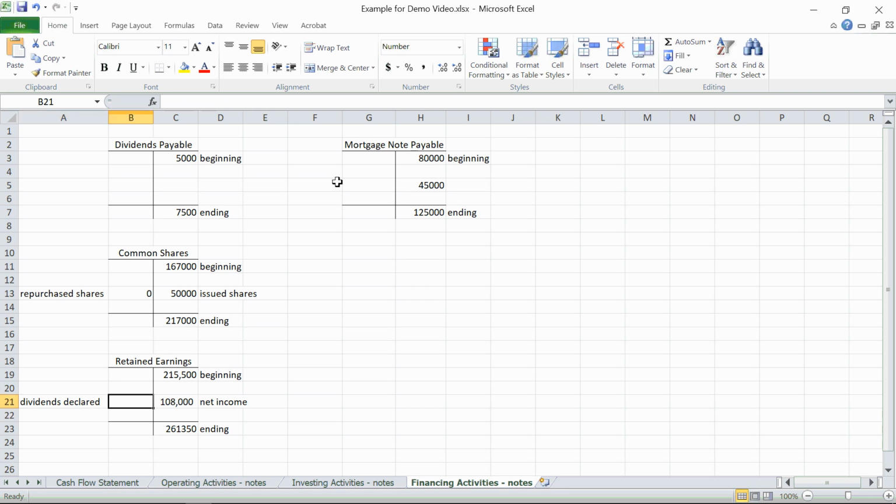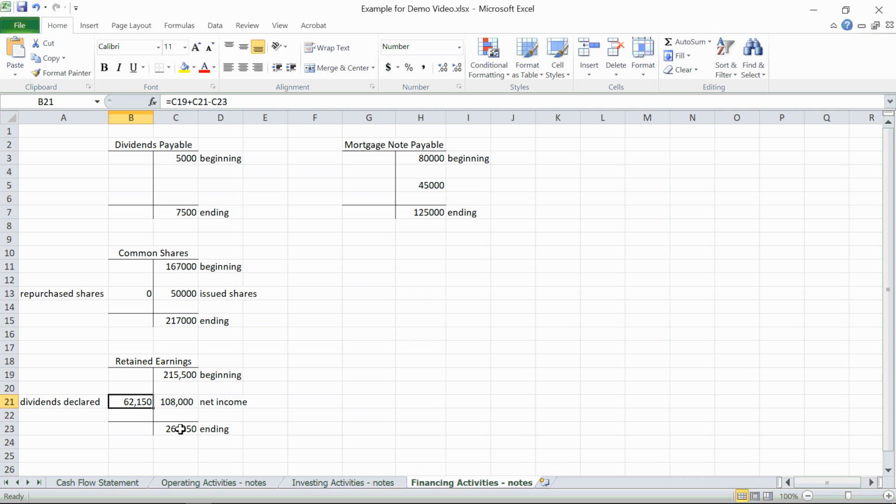And so to calculate them, I'm going to find the number that makes this account balance, which would be the beginning balance plus all the credits minus the ending balance. So 62,150 was the amount of dividends declared, but because we have a dividends payable account, that's not necessarily the amount of dividends that were paid.